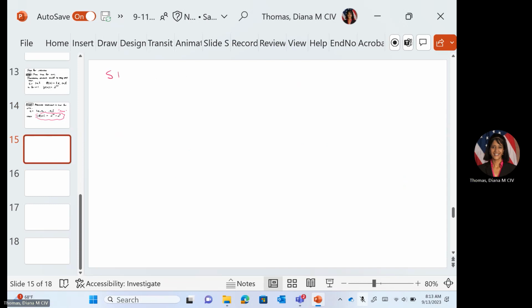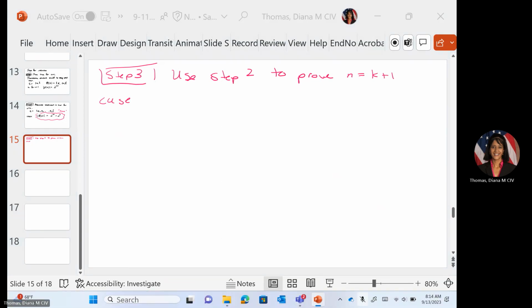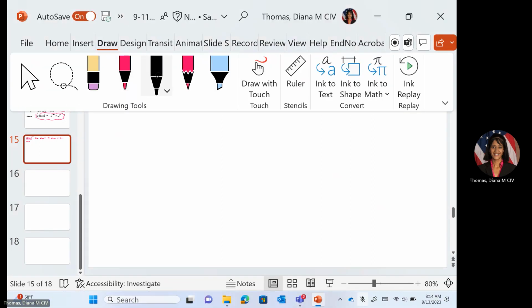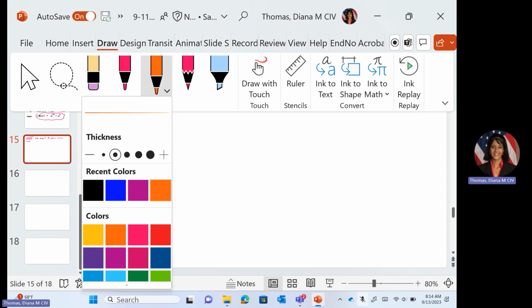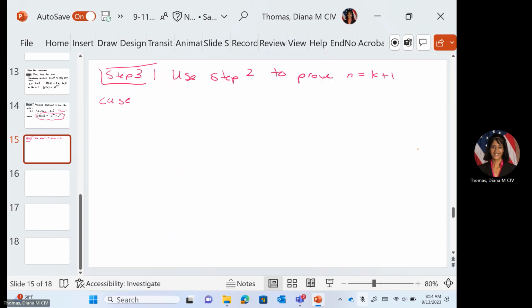Step 3. Use step 2 to prove the n equals k plus 1 case. So I'm going to do some bookkeeping for myself here and just label things. I'm just going to stay organized here for once.